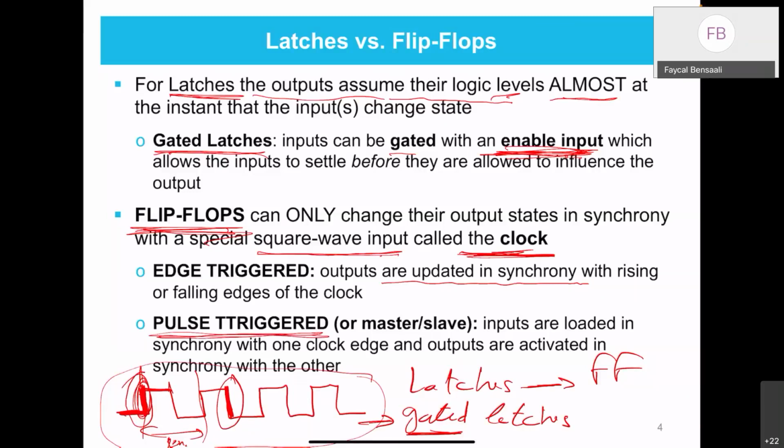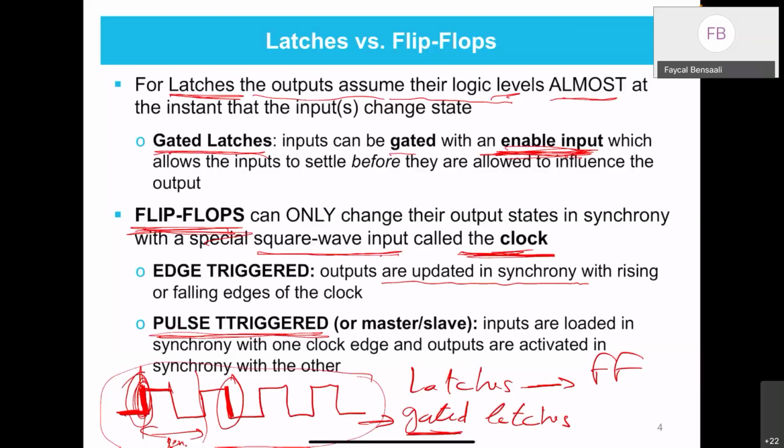What I want you to understand now is that we have latches, gated latches, and flip-flops. The flip-flops have what we call a clock, plus other inputs. It's not just a clock. The other inputs will depend on the function: we have SR, we have D type, and we have JK.